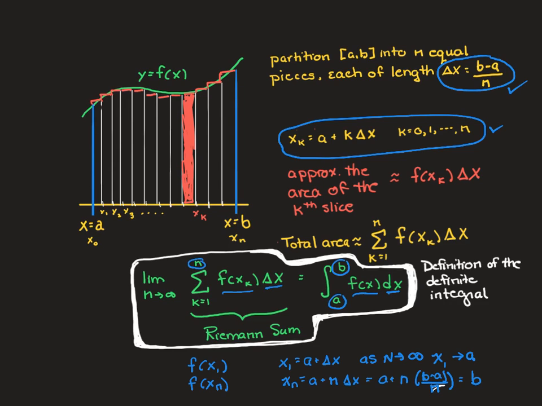So this reminds me of the delta x. So I'm summing up the height times the base, if I'm thinking about this particular example. Okay, let's see how we can use these ideas in other examples.